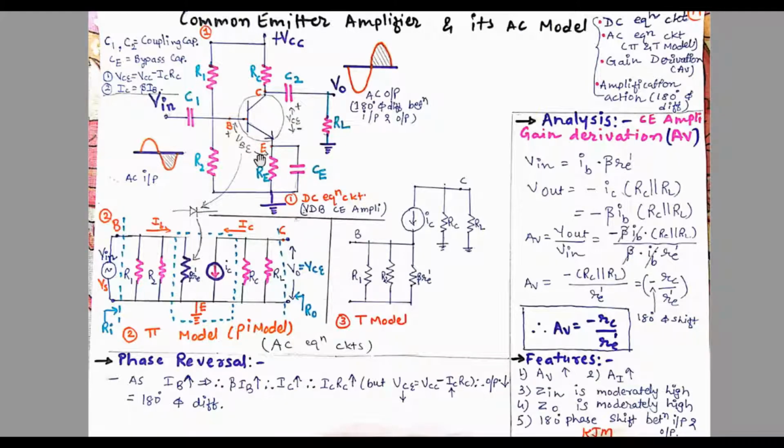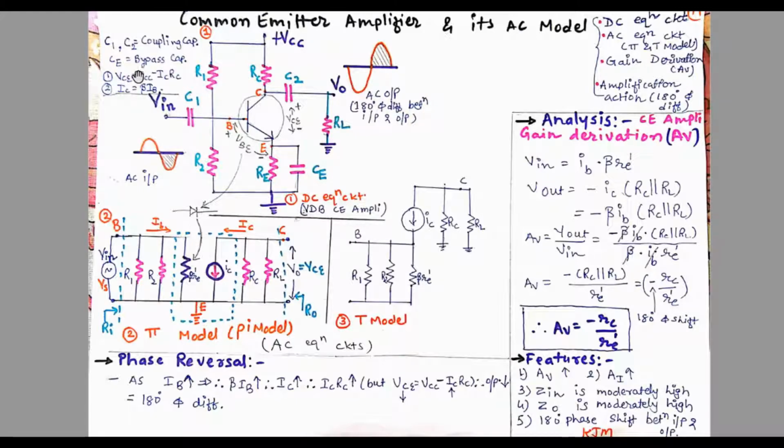It is denoted by VBE, the input voltage drop, and this is the output voltage drop, VCE. At the top it is plus, at the bottom it is minus. So this VCE is the output voltage, and we know the equation of VCE. We learned this equation in the BJT configurations chapter: VCE equals VCC minus ICRC.